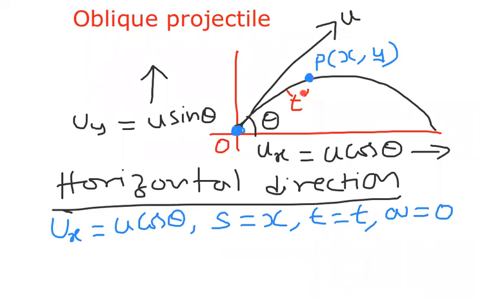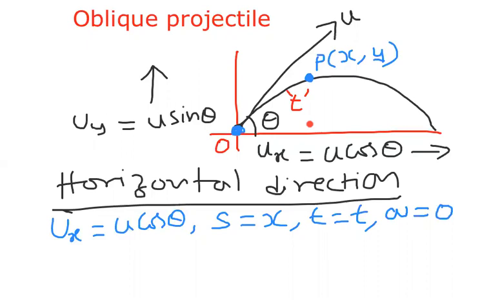The force that always acts on any body in air is the vertical force only, called gravitational force, which acts downward. That means there is no external force acting on the body in the horizontal direction. So acceleration is zero in the horizontal.